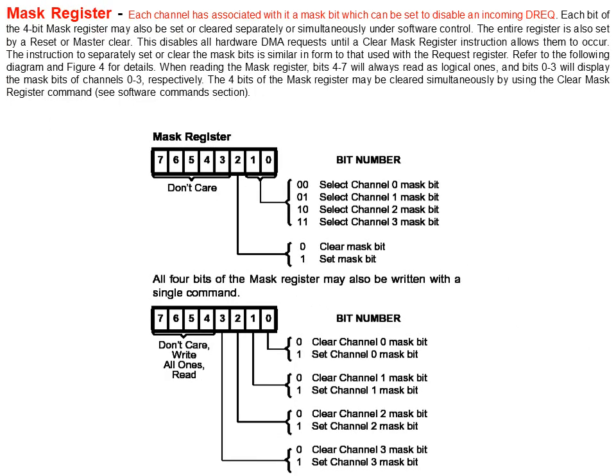Then next is the mask register. Mask register means to enable or disable a particular channel, we can mask the corresponding bit. The mask register can have this format or this format. In this, bits 0 and 1 represent the channel selection. If these bits are 0 0, channel 0 is selected.